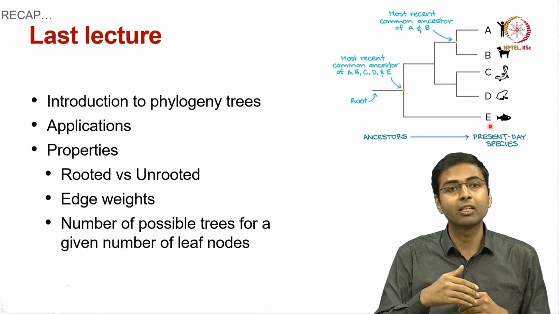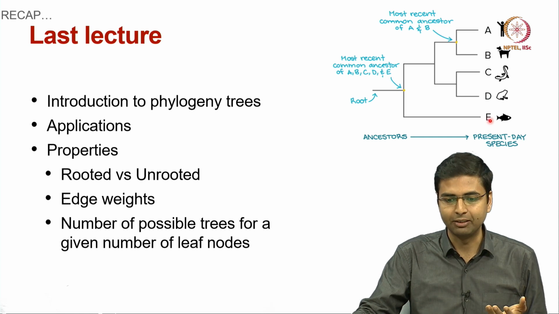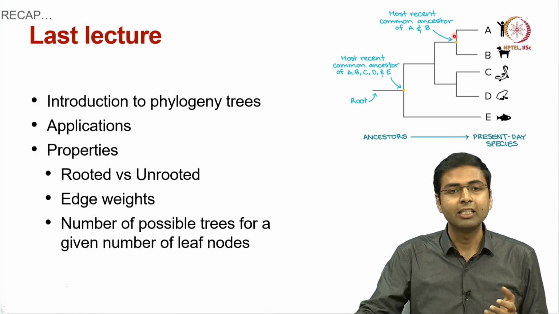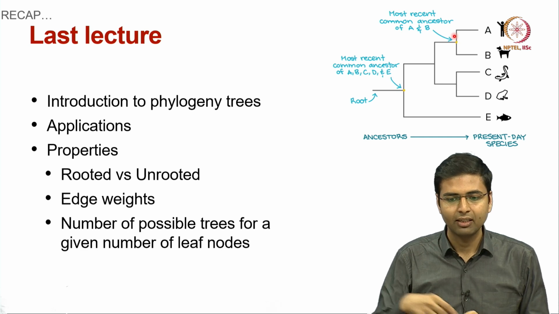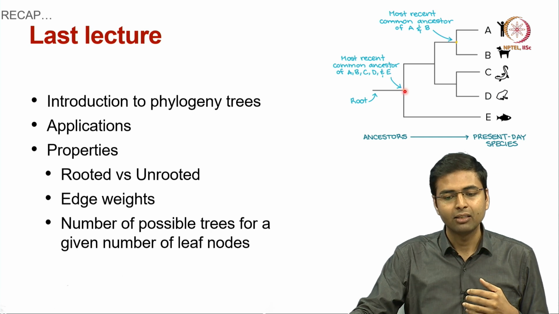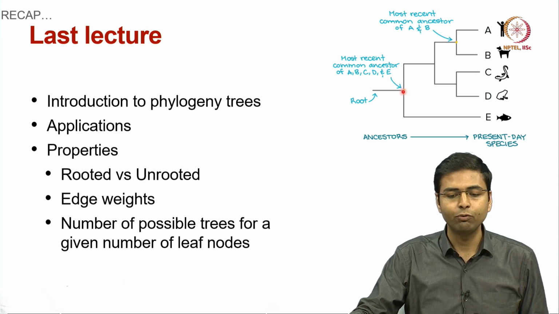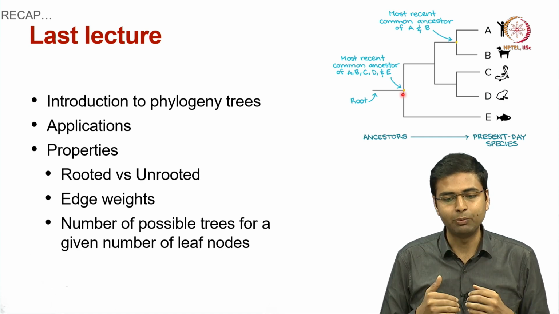That is, we want to infer the past evolutionary history of the present day species. This is best viewed as a tree like data structure, where if you keep going forward, you are inferring the ancestors, and the topmost node, that is the root of the tree, would indicate the common ancestor of all the species.